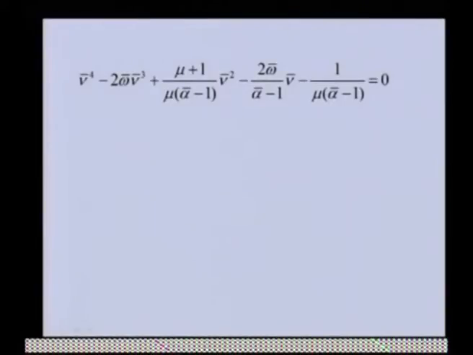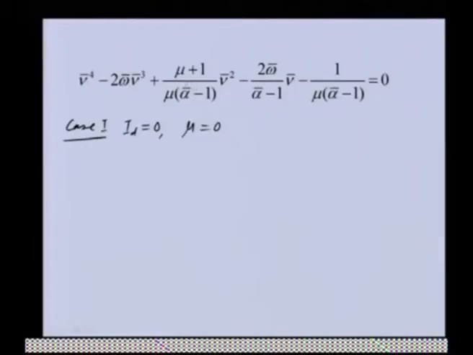So, in case 1 let us say id is 0, that means we are considering a point mass, and for that mu will be 0, because id is related with mu. If we substitute mu equal to 0 here, first we need to multiply mu to the whole expression. So, this and this term will vanish.